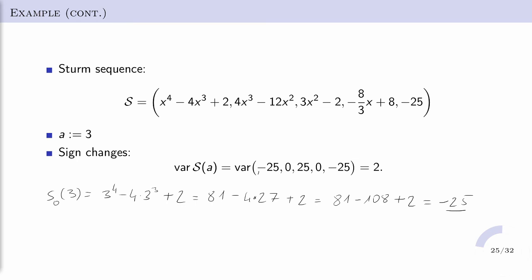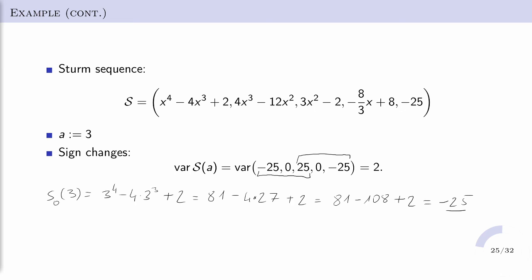So we have one sign change here. We go from minus to plus, and we have another sign change here. We go from plus to minus. So in total, in this sequence, we have just two sign changes. So var of s at 3 is 2.